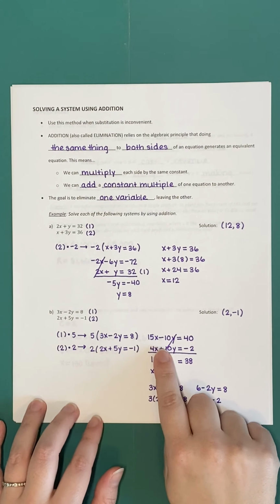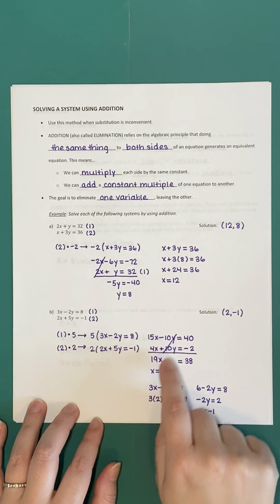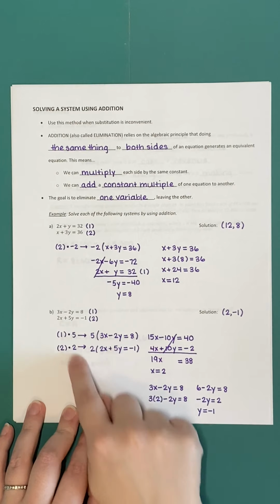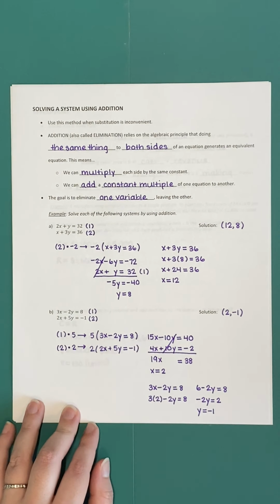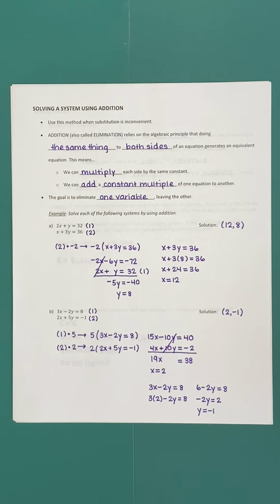Once we went through, if both variables had been eliminated via our multiplication and then our combination, but we ended up with something that's true, then again, that's our indication that we have infinitely many solutions. So you'll look for the same thing in either of those cases. Just using substitution versus using addition, you'll be able to identify those special cases in the same way.